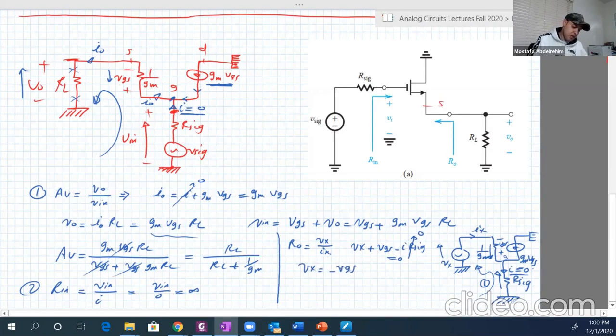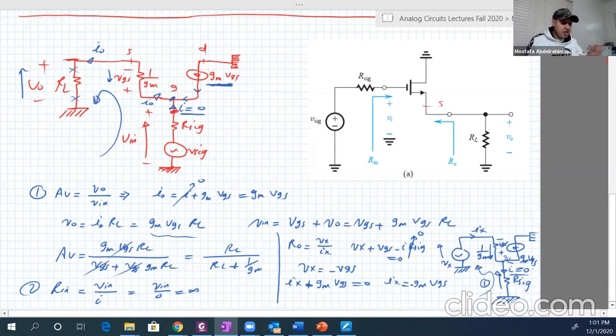Now, what is Ix? Here Ix is going into the gate, and GM VGS is also going into the gate. Both are going in, so both are plus.